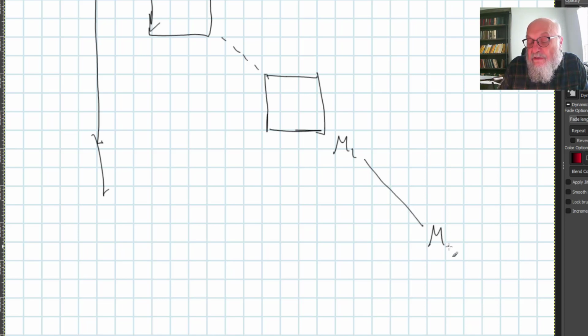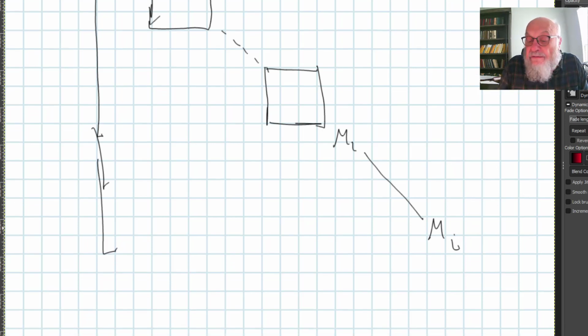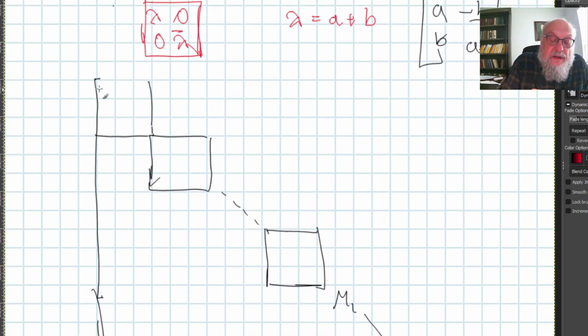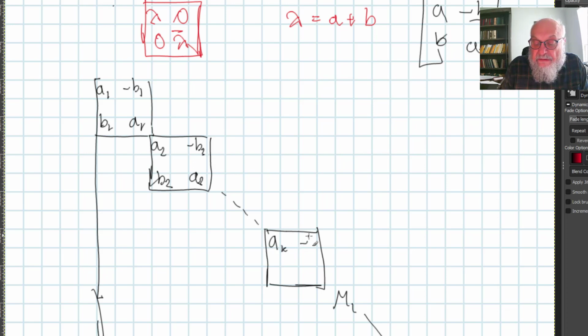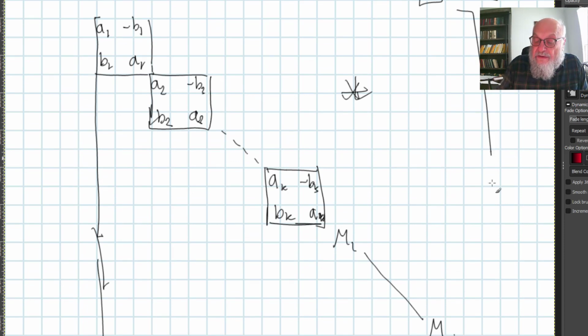So this will be L. And here we have A1 minus B1, B1, A1, and then A2 minus B2, A2, B2, and this will be AK minus BK, BK, AK, and there may be something. This is a triangular matrix again, and then you can go down, and here is 0.